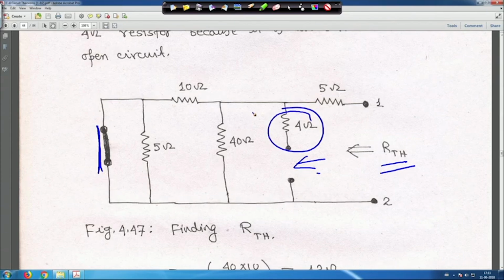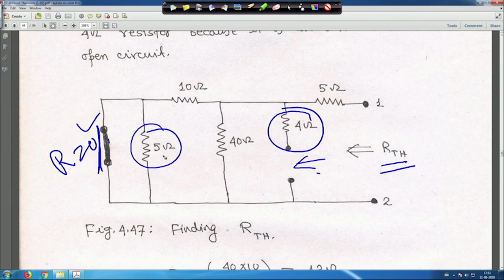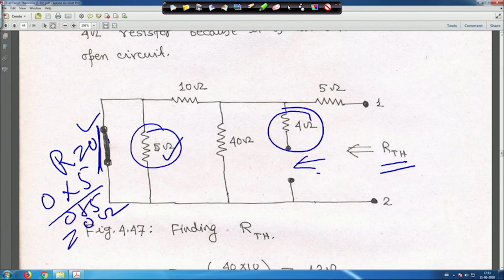And this 5 ohm actually has no value, because for your understanding, suppose I take 0 ohm for this branch, then 0 ohm and 5 ohm are in parallel: 0 into 5 by 0 plus 5 is equal to 0 ohm. So, this 5 ohm has no effect.